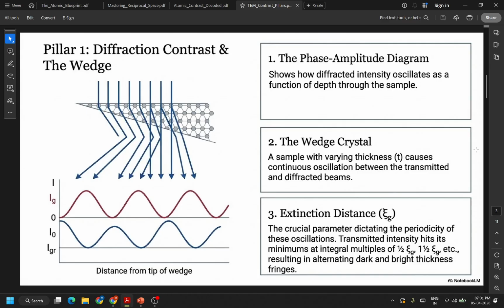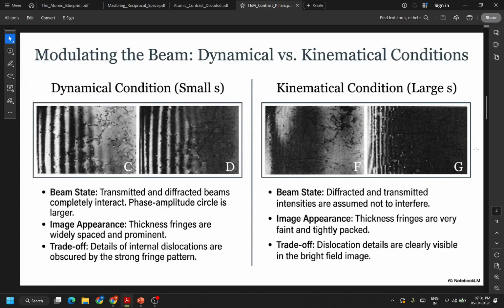So transmitted intensity hits its minimum at integral multiples of half epsilon g, one and a half epsilon g, etc., resulting in alternating dark and bright thickness fringes.